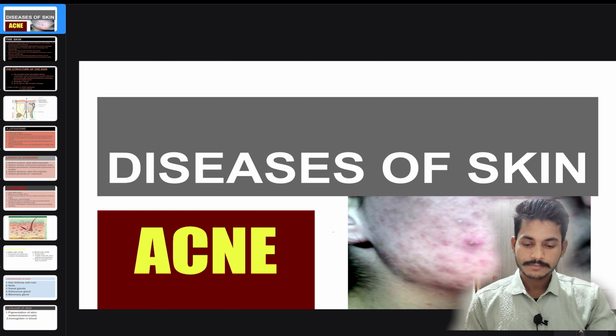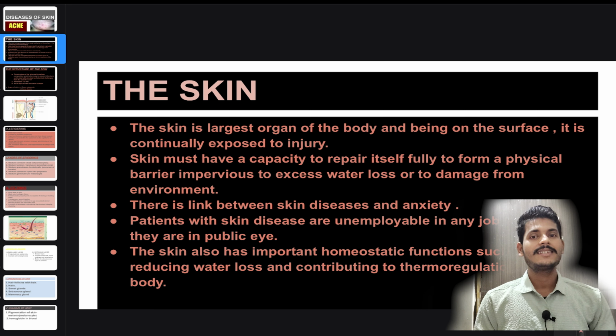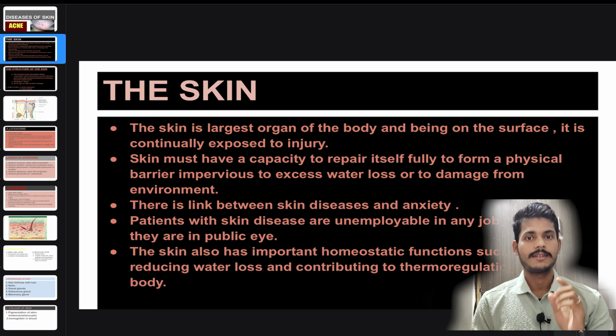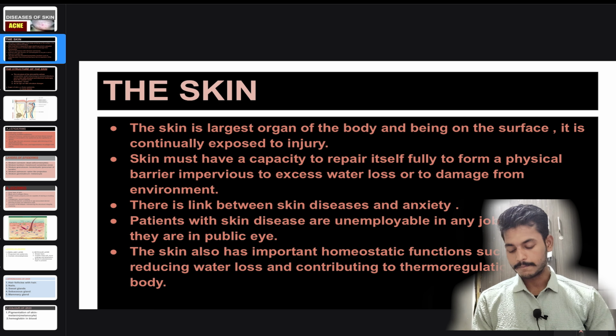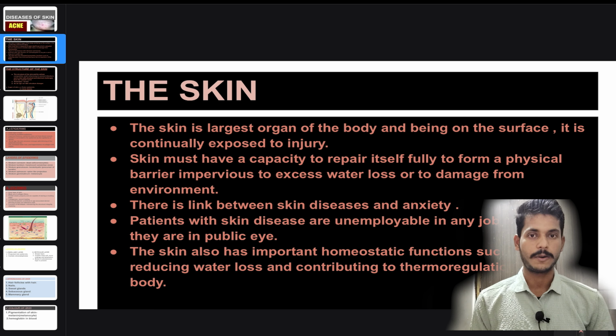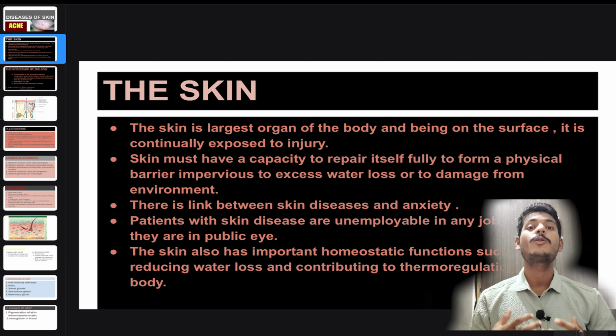Now, as you know, the skin is the largest organ, and it is present on the surface of the body, isn't it? Because it is present on the surface of the body, it is more prone to microbial infection.